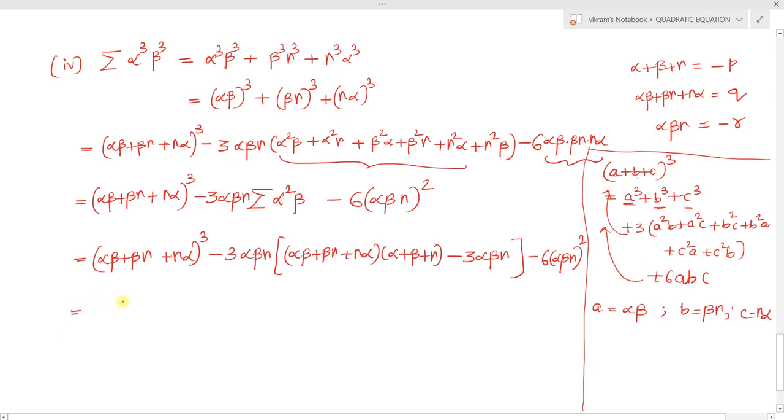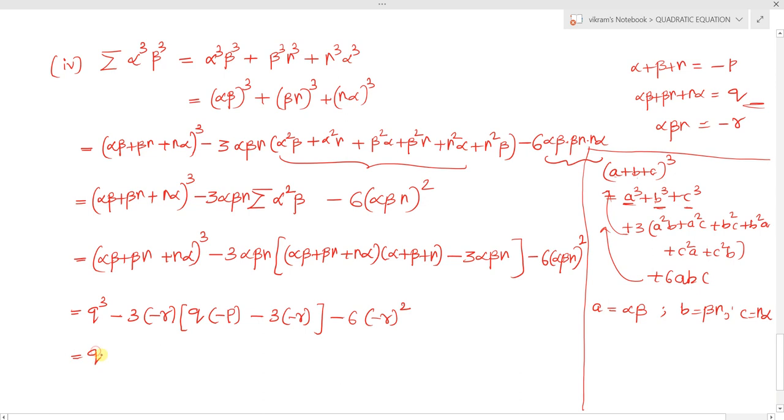Now we can write alpha beta plus beta gamma plus gamma alpha equals q. If we replace, q cube minus 3 times of alpha beta gamma, which is minus r, into: alpha beta plus beta gamma plus gamma alpha is q, and alpha plus beta plus gamma is minus p, minus 3 into minus r, minus 6 into (alpha beta gamma, minus r) whole square.